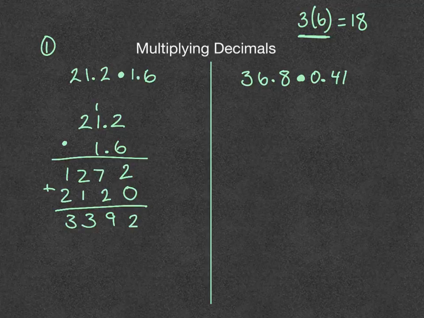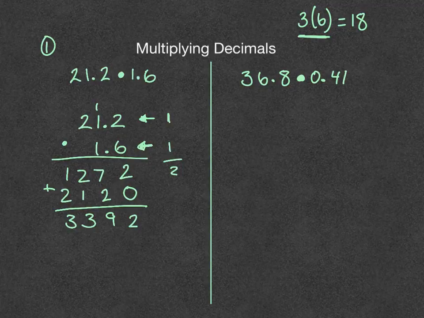So instead, we have to figure out where we put that decimal. The way that we can do this every time is we look and see how many digits after the decimal we have in our two factors. In the first number, 21 and 2/10, we have one place after the decimal. And we have one digit after the decimal in our other factor, and 1 plus 1 is 2.